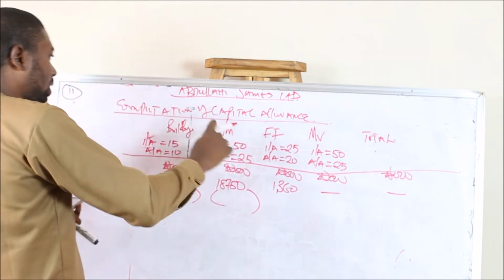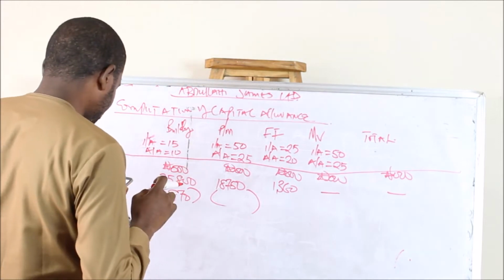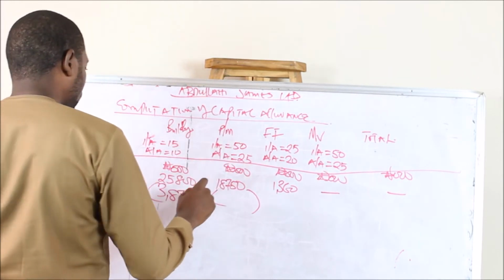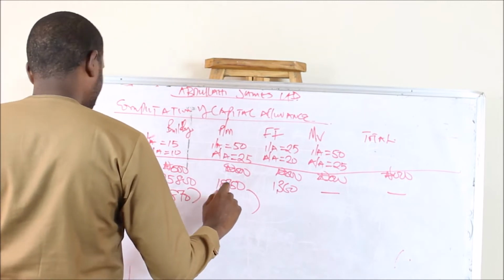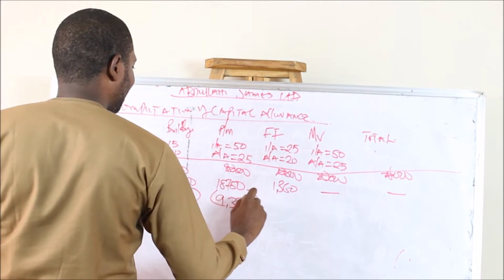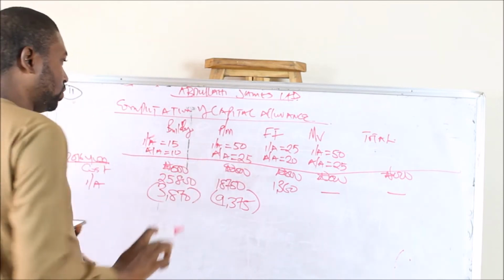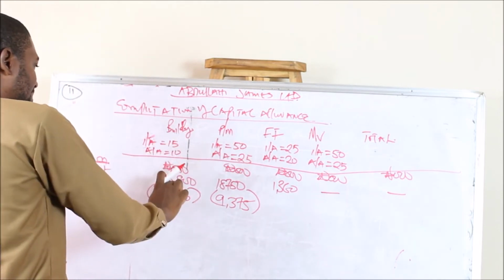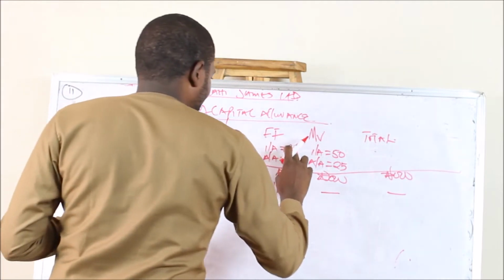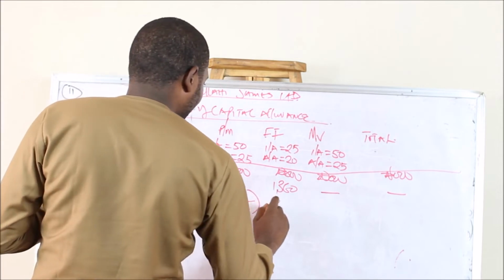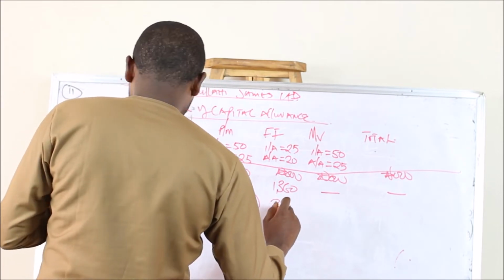Then of course, what is the 50% of 18,750,000? It's going to give you 9,375,000. That's going to be the 50% of this amount. Remember, I said 15% of this amount will give you this. Then 25% of 1,360,000 is going to give you 340,000.